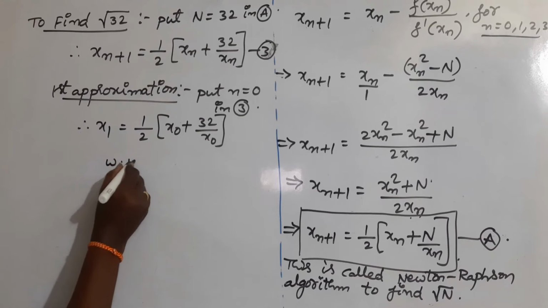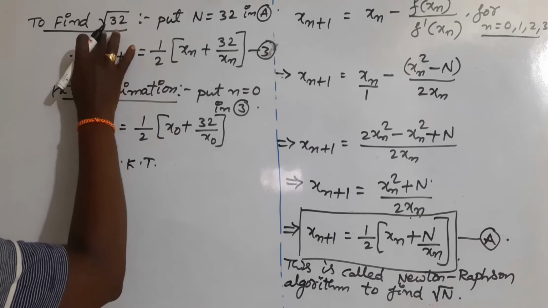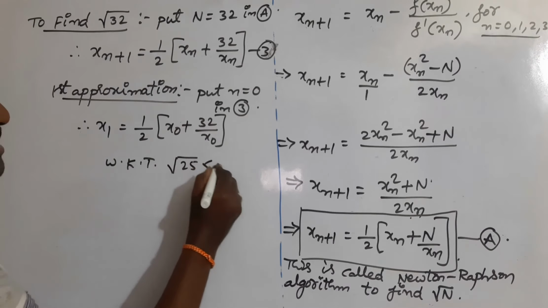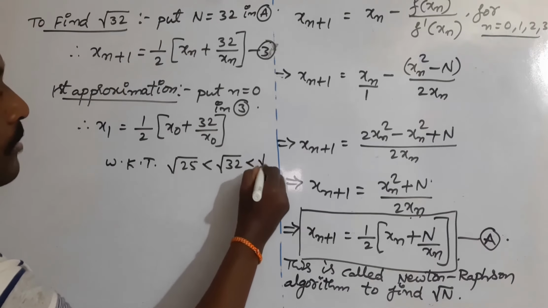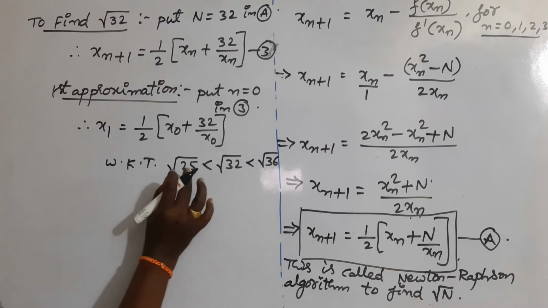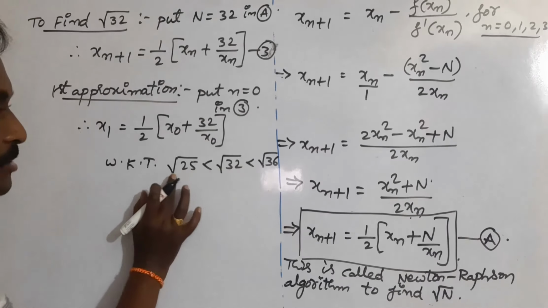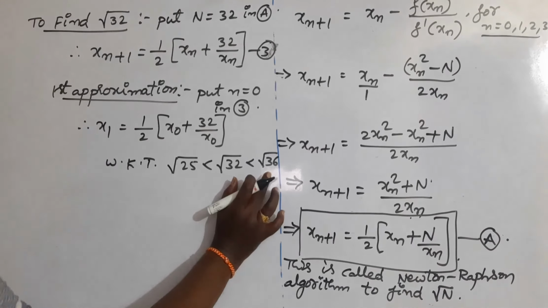So we know that root over 32 lies between root over 25 is less than root over 32 is less than root over 36. We know that root over 25 is a perfect square, root over 36 is also a perfect square.